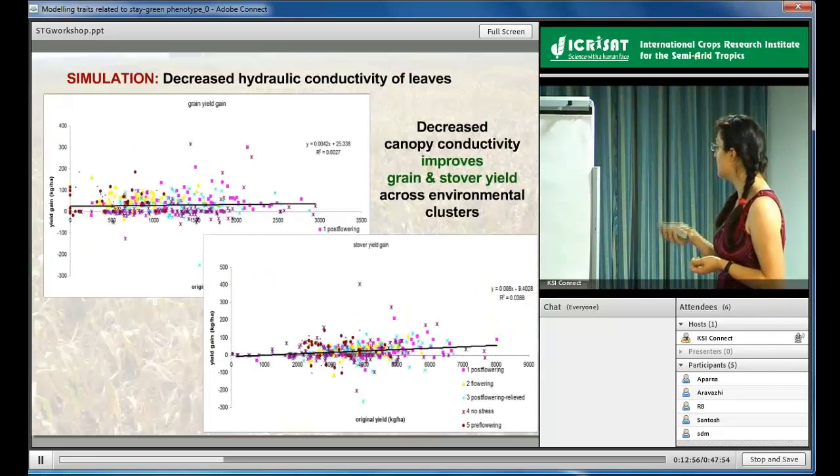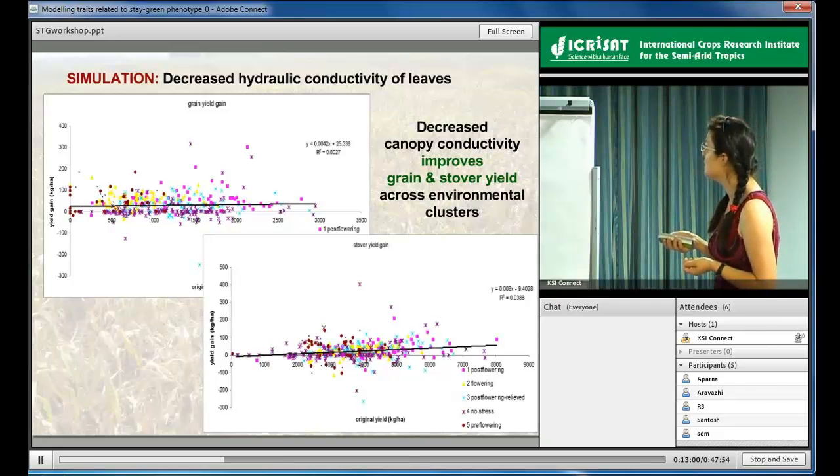So here this graph shows the same. Again, here on the x-axis, follow with me, is the original yield of the original Maldandi virtual crop simulation. And here on the y-axis, you have either yield benefit, which is a positive value, or yield decrease due to the introduction of that trait.